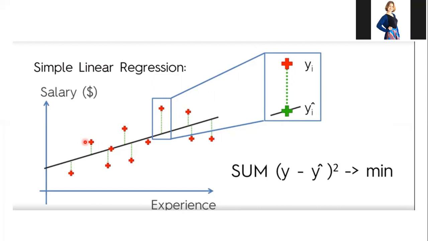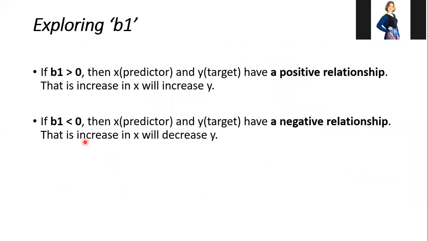We may also look at our coefficients B0 and B1 and analyze our dependence. If B1 is greater than 0, then predictor and target have a positive relationship. It means that if x increases, y is also increasing. So we'll have an increasing line. When B1 is less than 0, it means that you have a negative relationship between two variables.